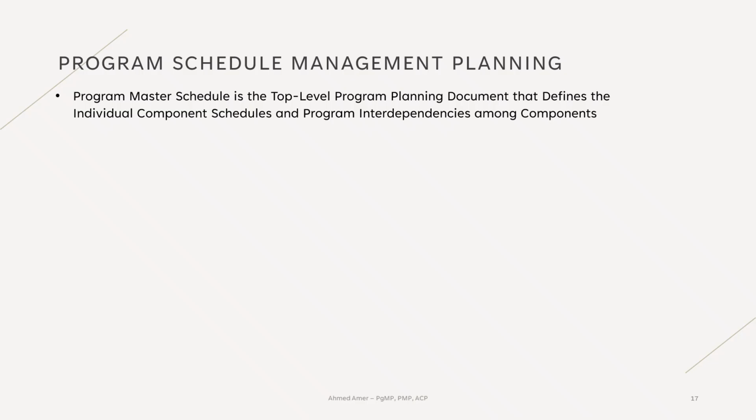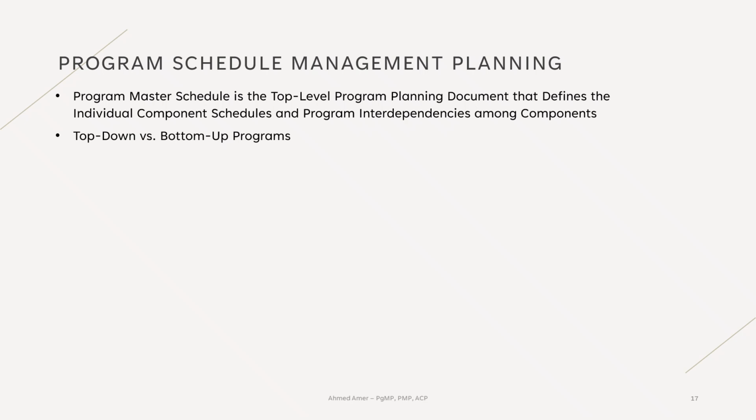But when we have a bottom-up program and the program is formed around existing components, the program master schedule must incorporate the milestones and deliverables already defined in the individual component schedules. To revisit the concepts of top-down and bottom-up programs, please watch the first video in this playlist as it explains what a program is and how it is initiated.